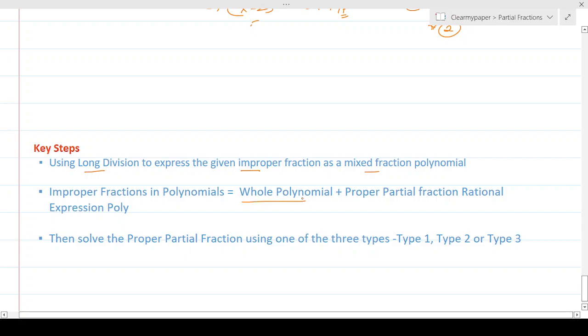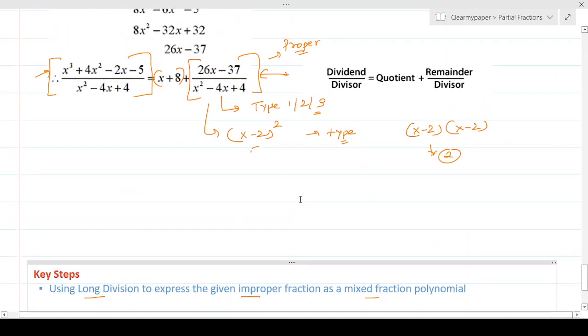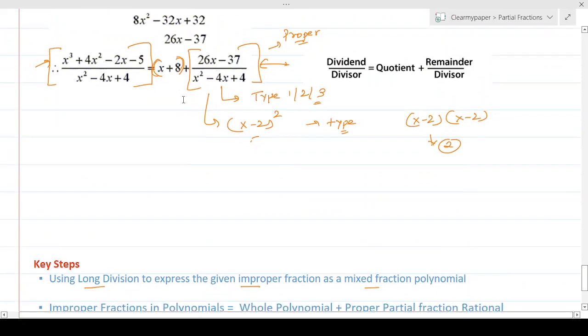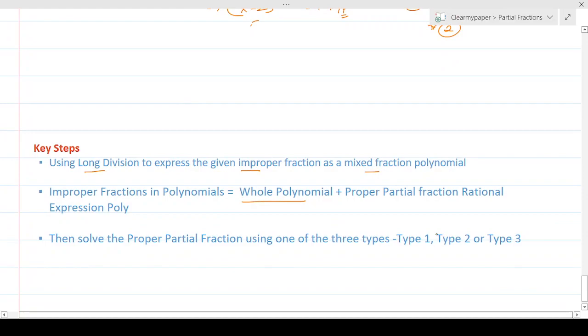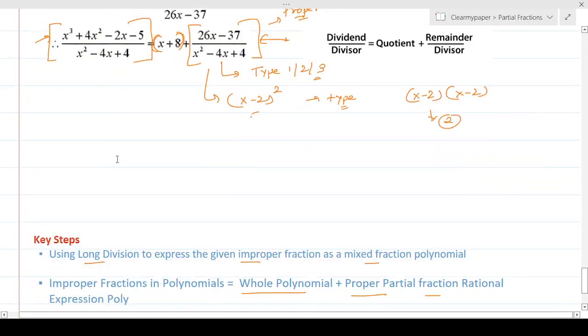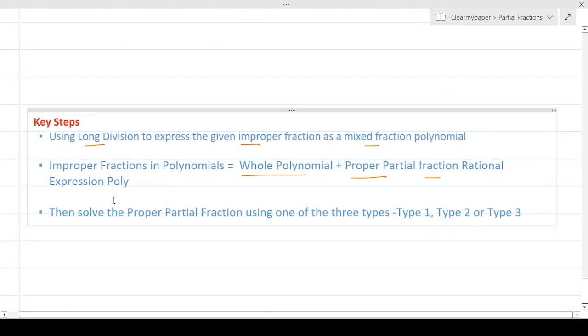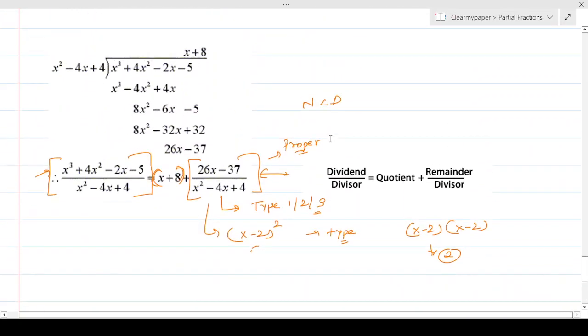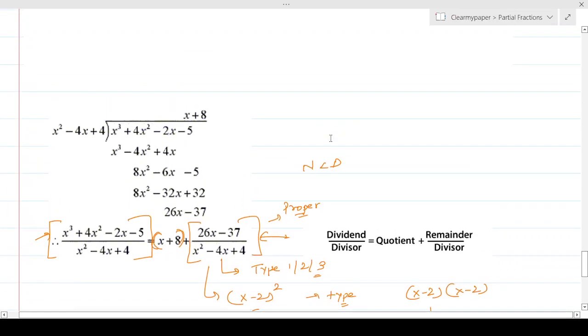One is a whole polynomial, something that you don't have to worry about because it's already in a linear format, plus you have another component which is a proper partial fraction in terms of polynomials, because you still have polynomials in the numerator and denominator here, but the whole construct is proper because the degree of the numerator is less than the denominator. And then you apply any of the three types that you know to solve this problem. That's how you solve a type 4 improper fraction.